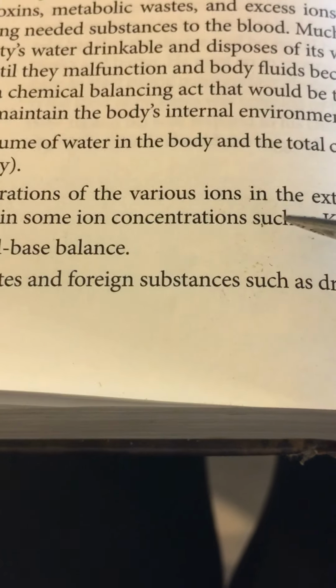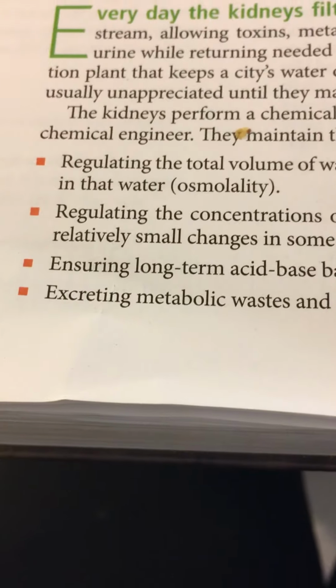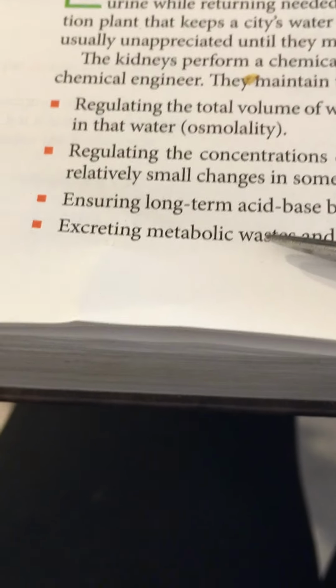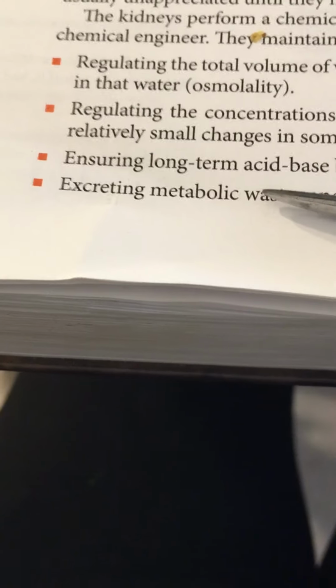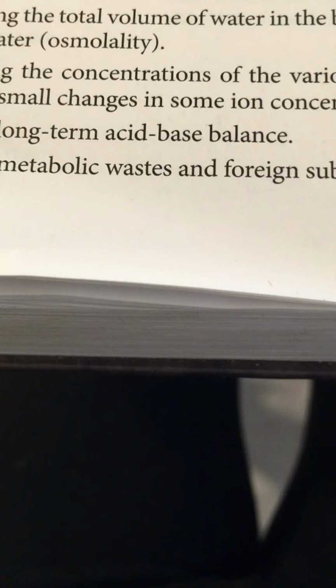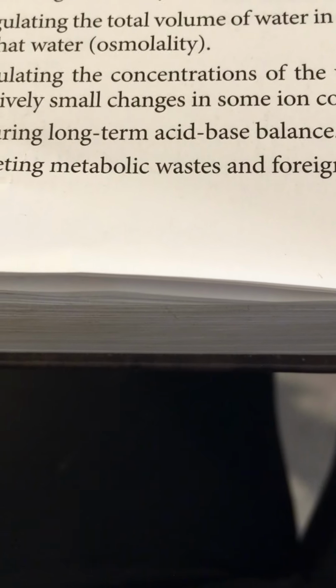So pH and sodium will be very essential, and we'll get into more of that when we get to a different chapter after this. And then ensuring long-term acid-base balance, basically pH. We're considering here the hydrogen ion. And of course, we're also going to be excreting metabolic wastes.